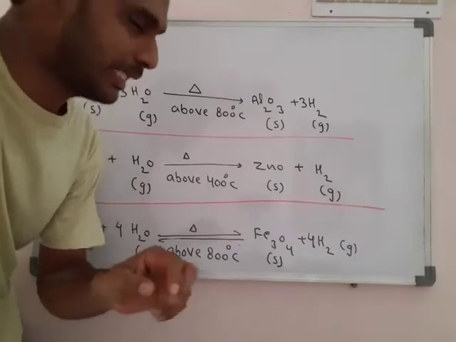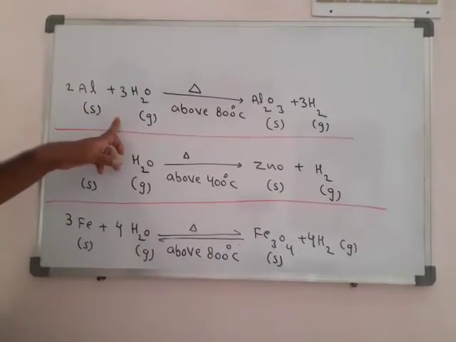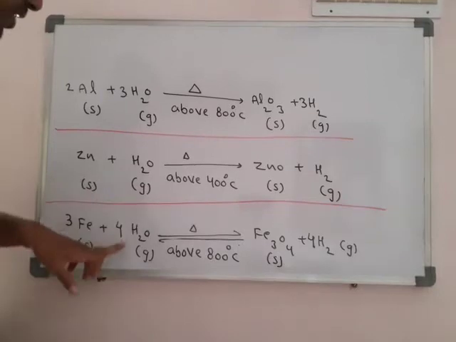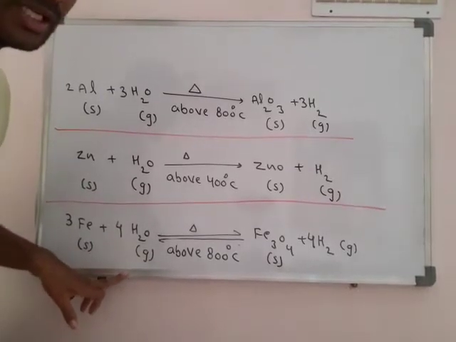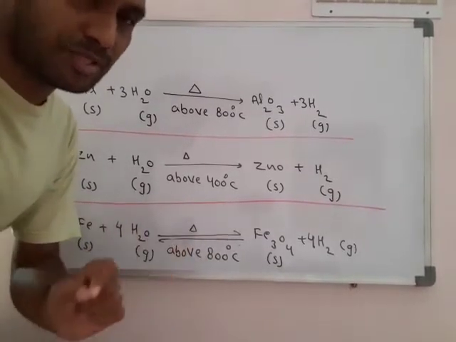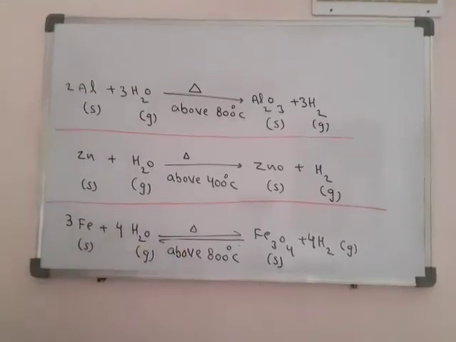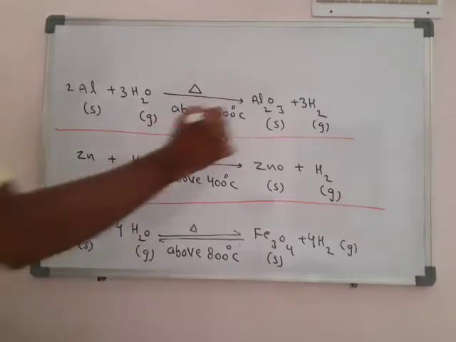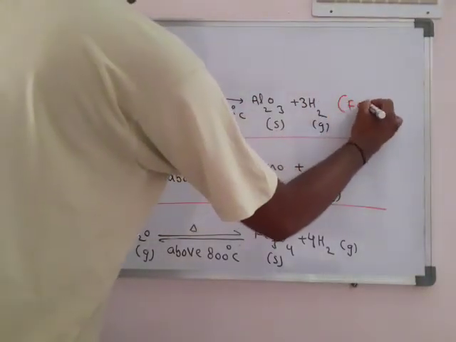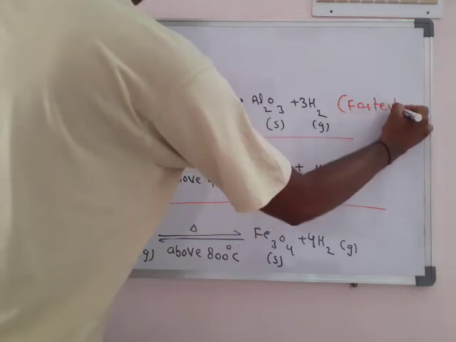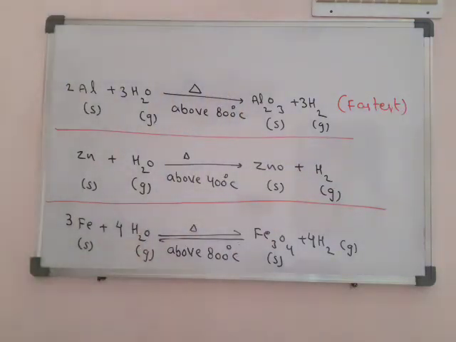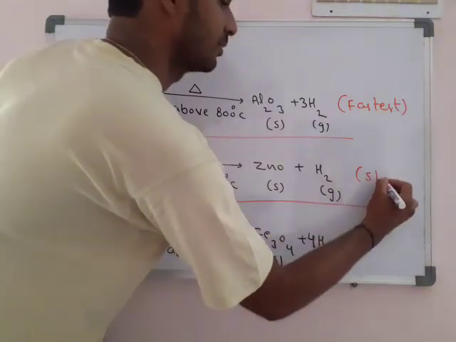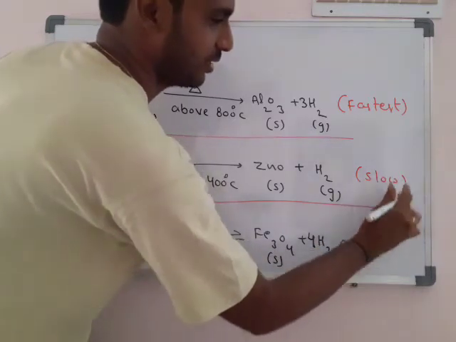Again it is observed that aluminium is fast compared to the others. So there is a difference in the speed of the reactions. In these 3 reactions, the reaction with aluminium is the fastest. In these 3 reactions we are comparing, not with other metals. This is a slow reaction.